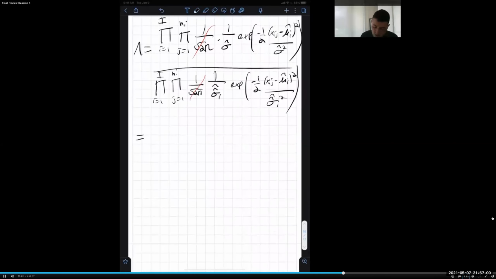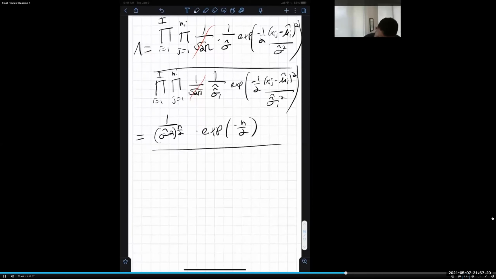So this is just going to be essentially 1 over sigma hat, and because of these products, it's going to get sigma hat squared to the n over 2 times this exp of negative n over 2 here.